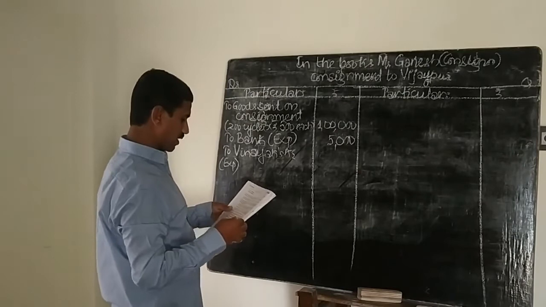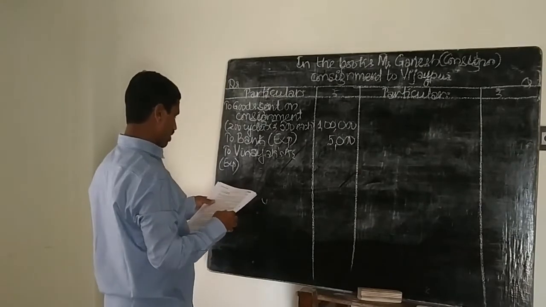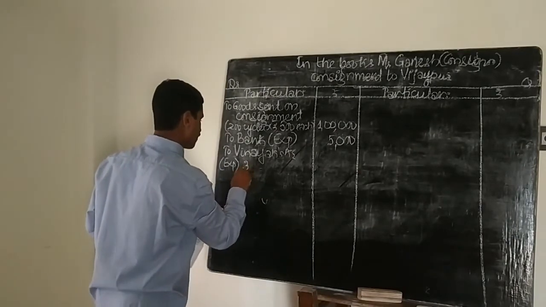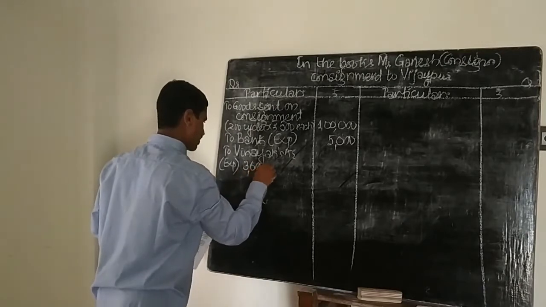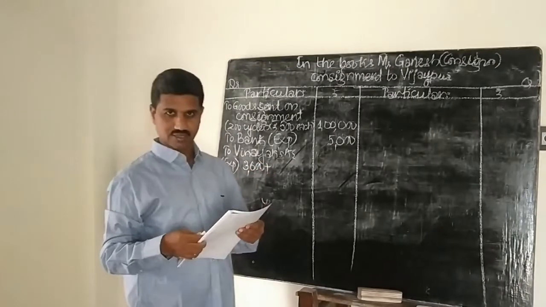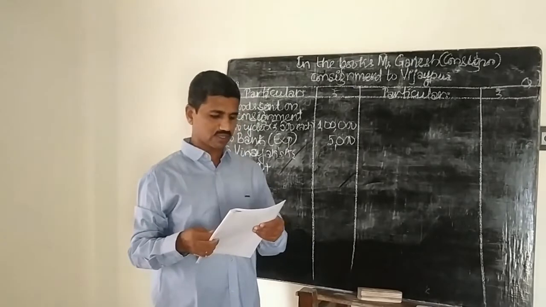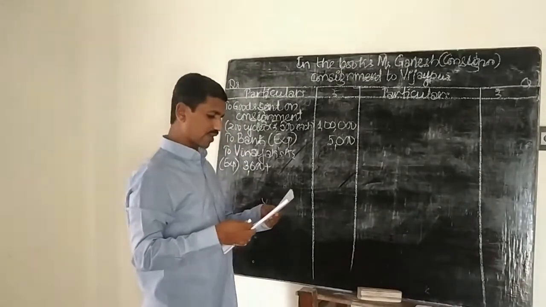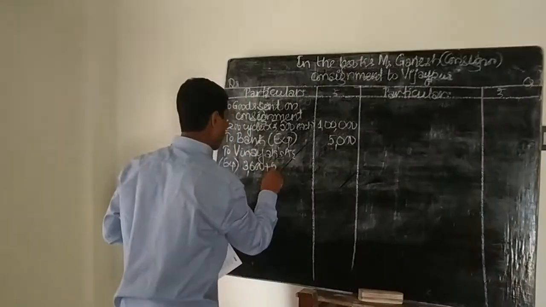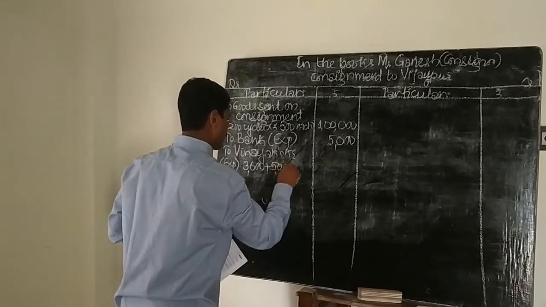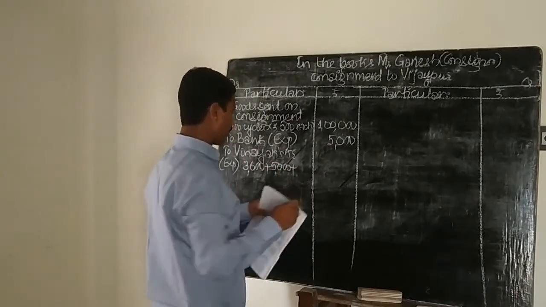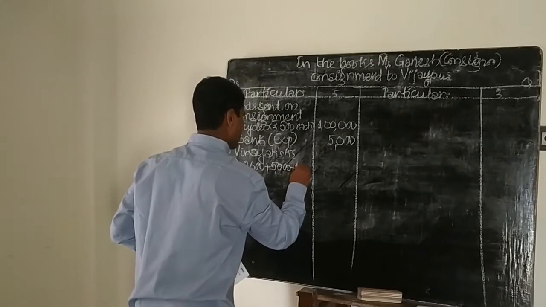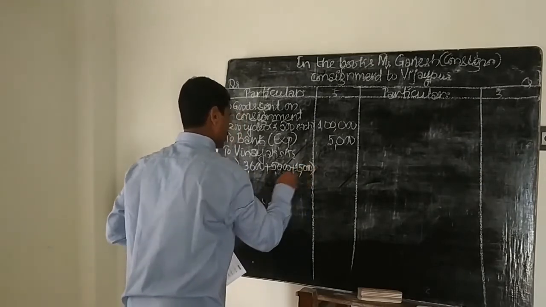In the bracket write expenses. So here he has paid 3,600 plus this is his non-recurring expense. Then he has also paid non-recurring expenses rupees 5,000 as godown rent. Then he has also paid 15,000 as selling expenses.